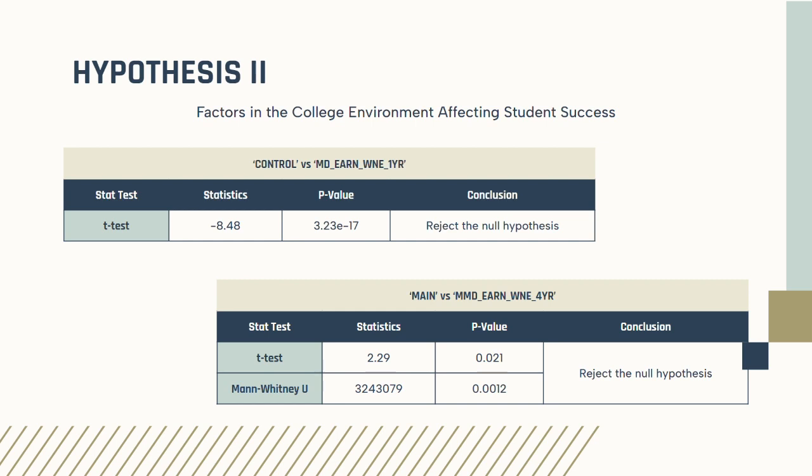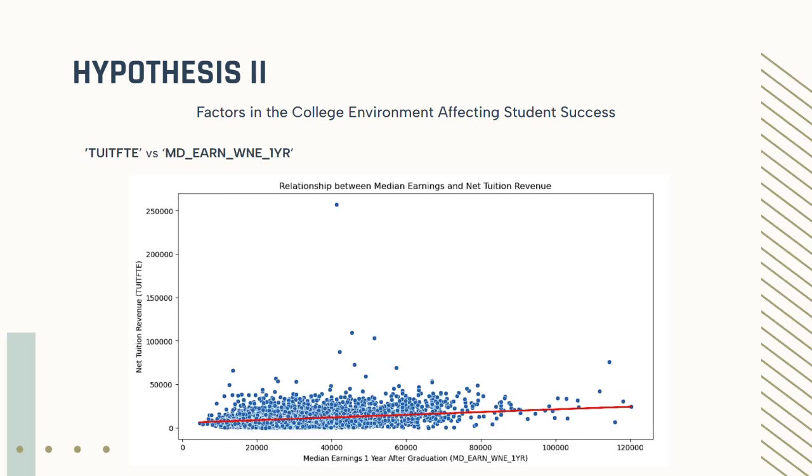One is parametric and the second is the non-parametric Mann-Whitney U test, and we also found that there is a difference in long-term success. Moving on to the third factor, here we can see that there is a positive correlation between tuition fee and median earning after 1 year. So we can safely say that colleges which provide good salary are usually charging higher fees.